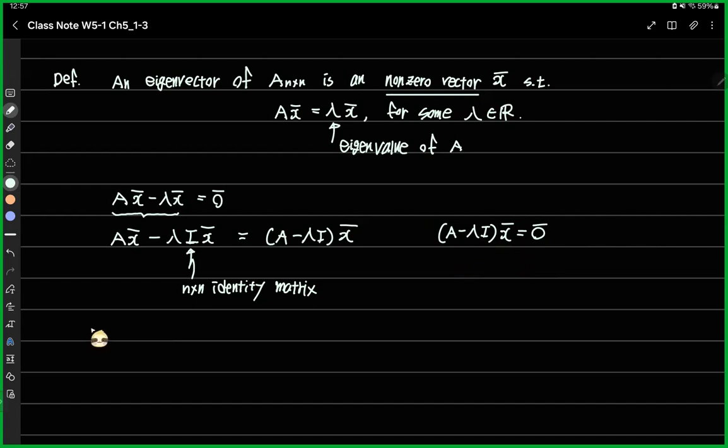Lambda is an eigenvalue of matrix A if and only if the equation A minus lambda I times x bar equals 0 has a non-trivial solution.